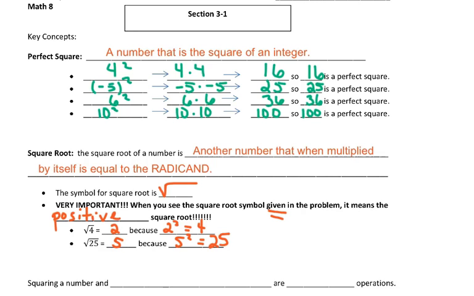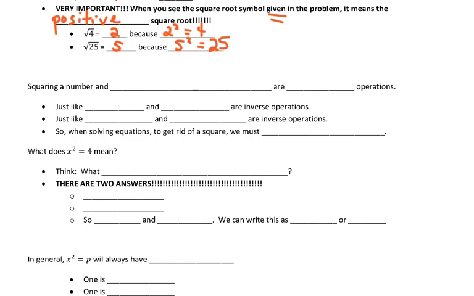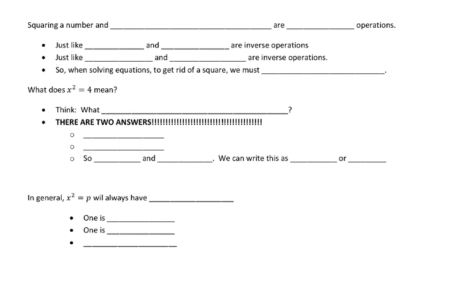Let's move on to squaring a number. So when you square a number, to get rid of it, you want to take the square root. So squaring a number and taking the square root are called inverse operations.